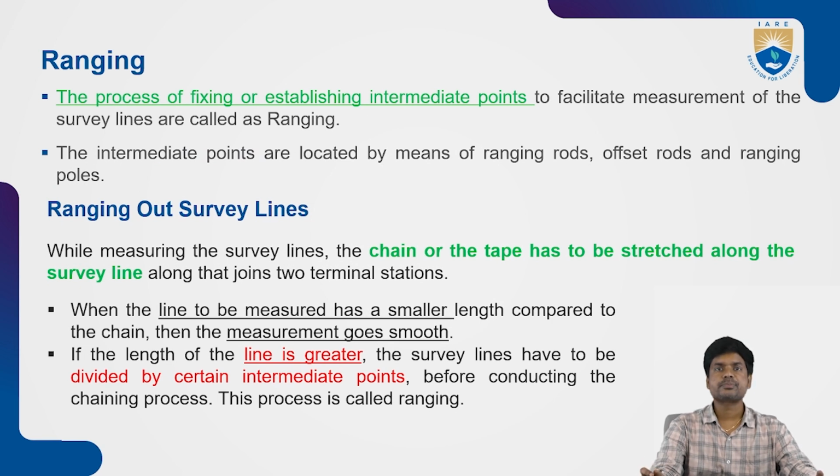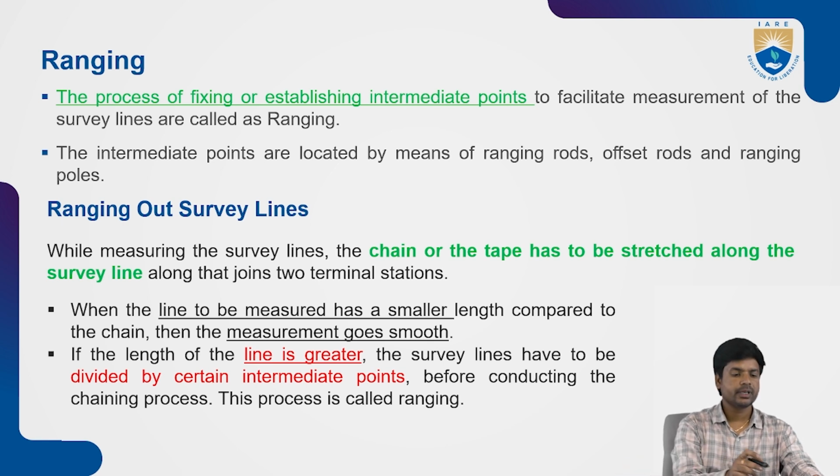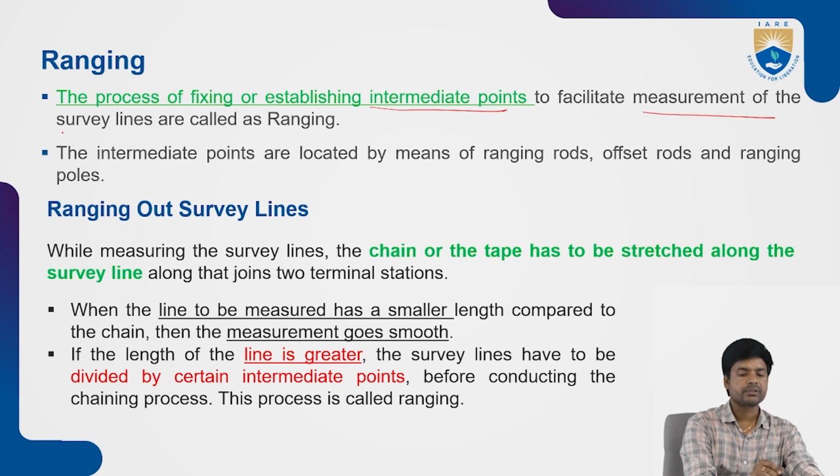Next, coming to the next part of our lecture, ranging. Ranging of survey lines is very important in chain surveying, so we will discuss the definition first. Ranging is the process of fixing or establishing intermediate points to facilitate measurement of the survey lines.